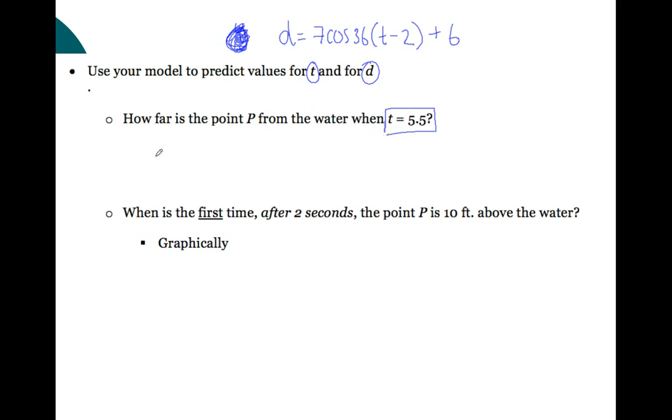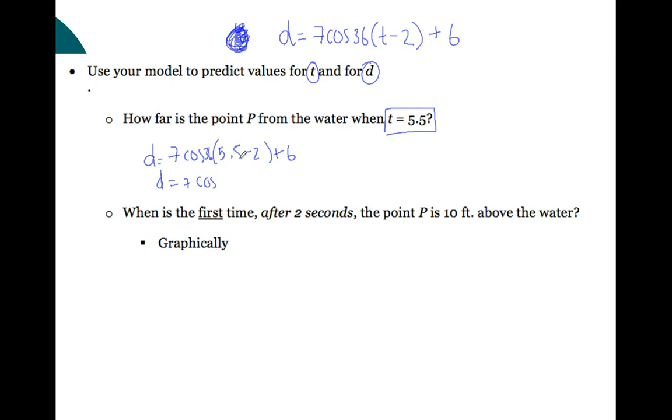So we're going to plug in, right? And we're going to show our setup just like we do. 7 cosine of 36 times 5.5 minus 2 plus 6. So let's see, d equals 7 cosine of, what is 5.5 minus 2?